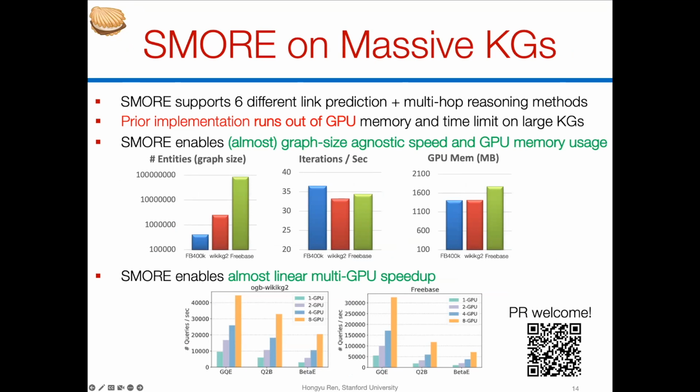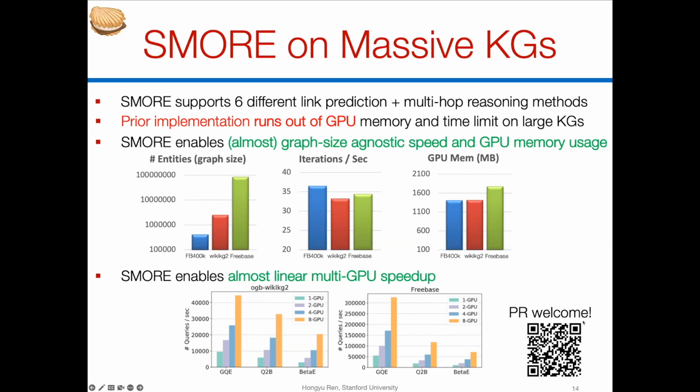So if you check the figure here, for the 3 listed graphs that have drastically, orders of magnitude different size, using our Smore framework, training on different graph size basically uses the same speed, similar speed, and also similar GPU memory usage. And also Smore enables almost linear multiple GPU speed up.